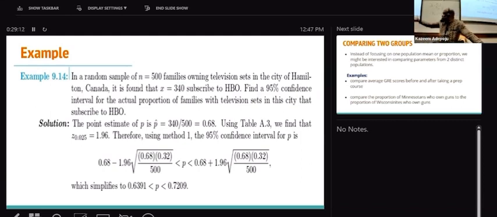In this case, it's 340 divided by 500, which is 0.68. Here is a point estimate. This is what we mean by point estimate.